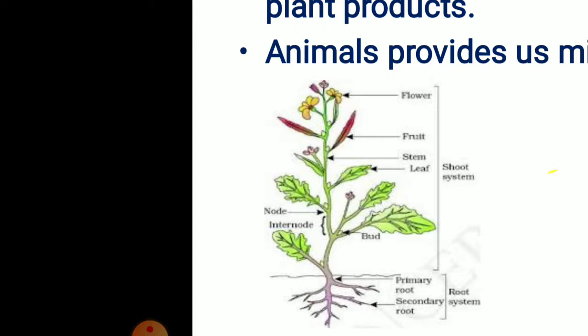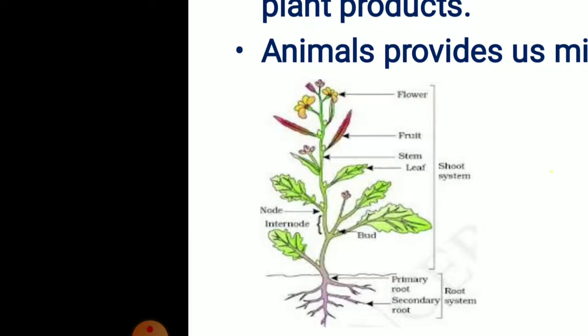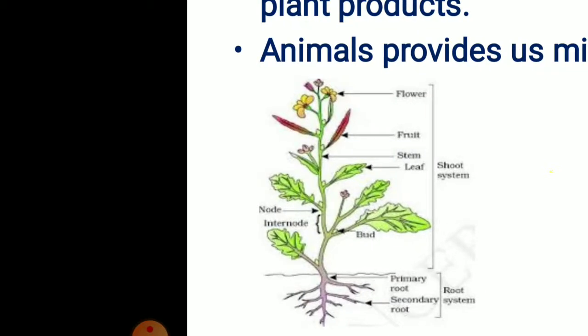Root is underground, so it's the root system, and the remaining stem, leaf, flower, and fruit are above ground, so that is the shoot system. All the parts of the plant are usable.